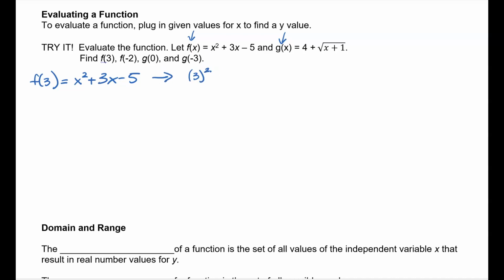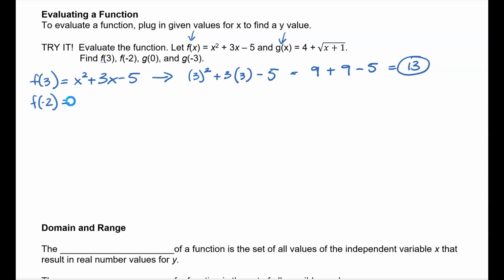So 3 squared, and I always get in the habit of writing parentheses when you're plugging things in with a square, because it'll help you if you decide to use a calculator. Plus 3 times 3 minus 5, and so 3 squared is 9, plus 9 minus 5, we end up getting 13.